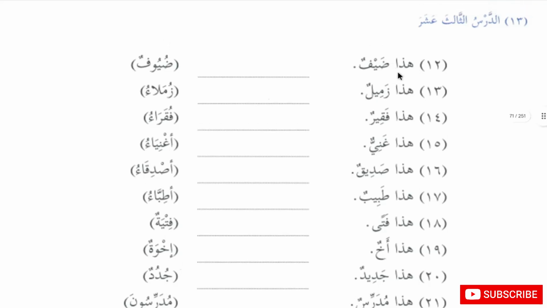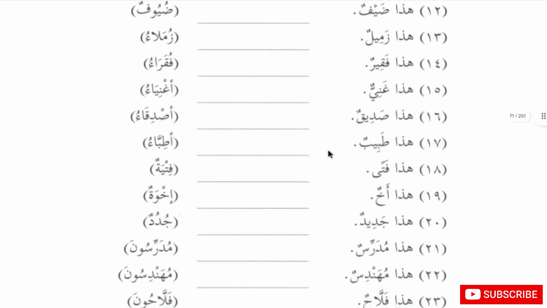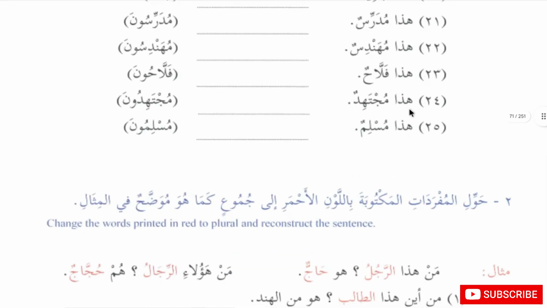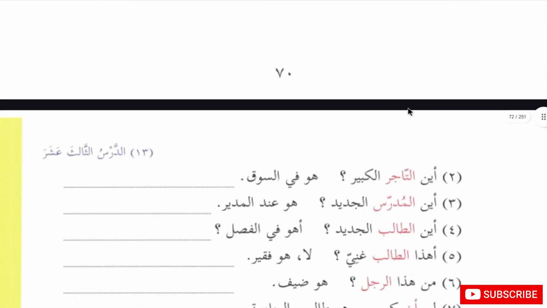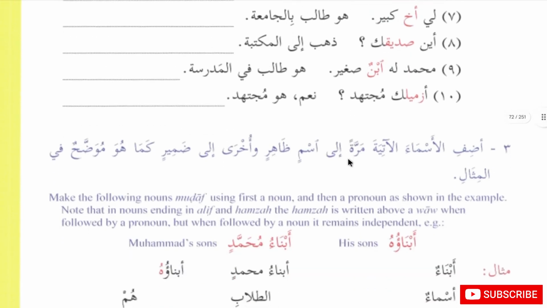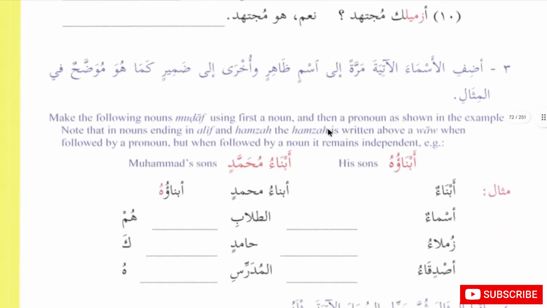So هذا ضيف would be هؤلاء الضيوف. هذا زميل, هؤلاء زملاء. So like that, they want you to write the different pronouns that would be used here. So you can work through that inshallah.